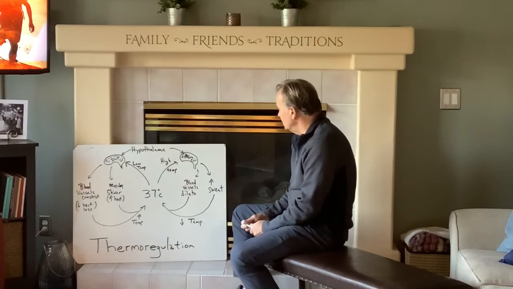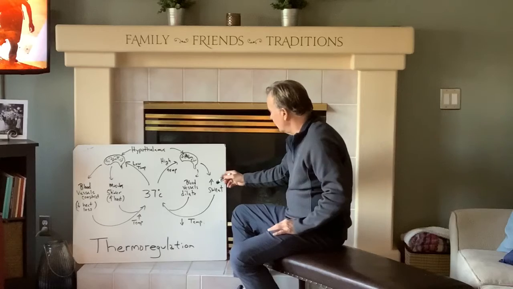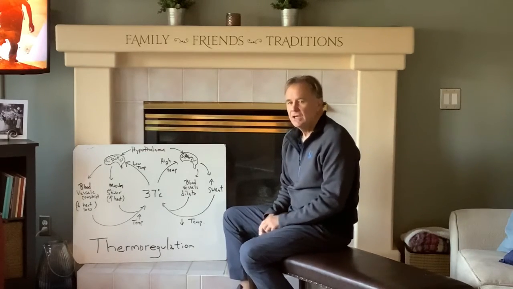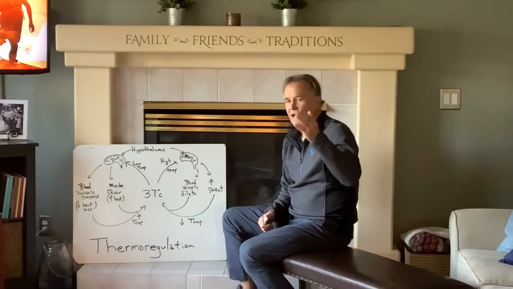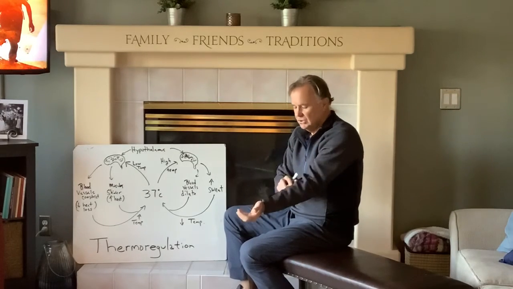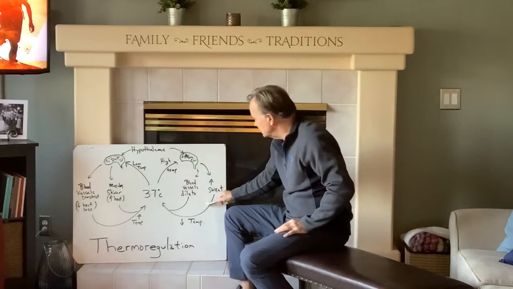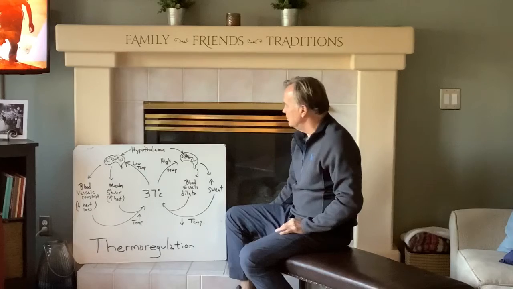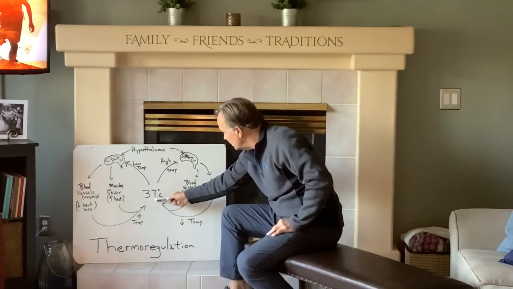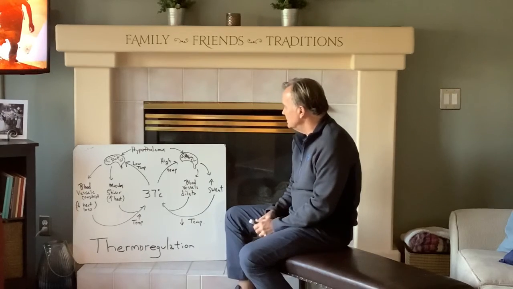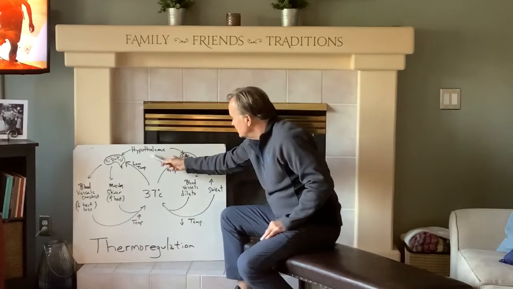So it goes to sweat glands, which release sweat, which of course is a cooling process. You guys know water has a high specific heat. So when it goes from being a liquid to a gas, it takes heat away from your body. So for that sweat to evaporate, it's drawing heat away from your body, which of course is going to cause you to have a decrease in temperature, hopefully back to the 37 degrees. So you're able to keep that 37 degrees because of the hypothalamus and this homeostasis it produces.